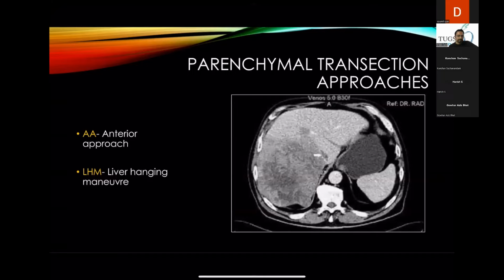So what are the different approaches to parenchymal transection that you have? You also have the anterior approach with the liver hanging maneuver, which is usually used for large tumors, especially in the right lobe, where basically you do not mobilize the liver, just do an inflow control, start with the parenchymal transection, then do your outflow control, and then try to mobilize the liver. Because mobilizing the liver has been shown to cause a lot of problems, like torting the liver.